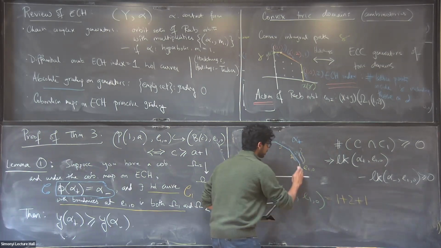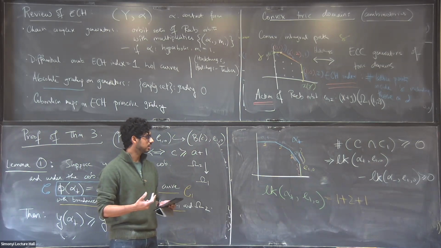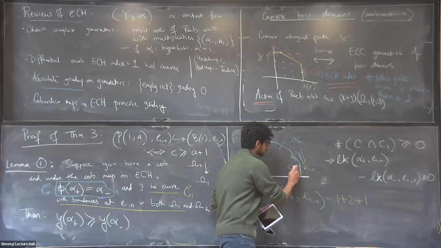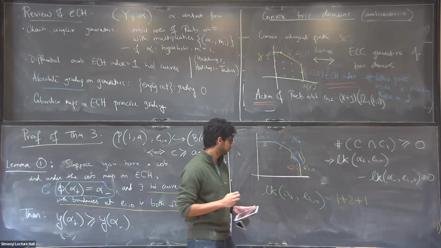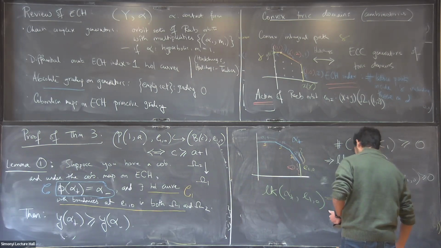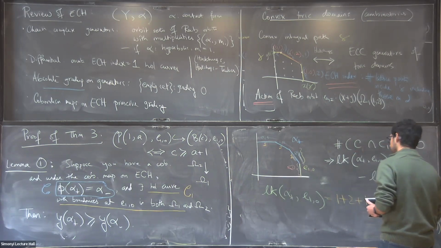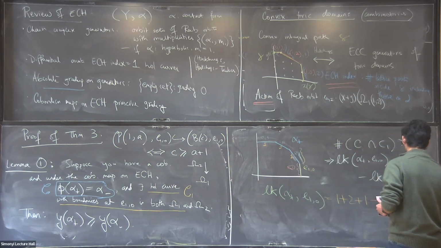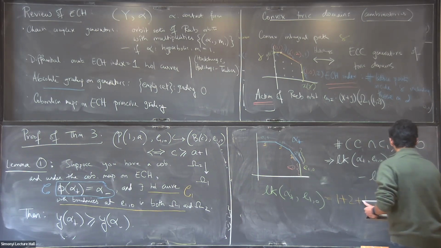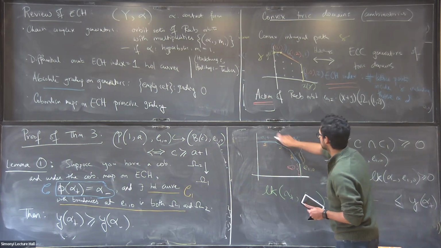But if the end is at E10, then by asymptotics of holomorphic curves, it has to be non-positive, so minus something. So what this gives us is that the linking has to be less than or equal to y of alpha plus. y of alpha plus is just the sum of all these.